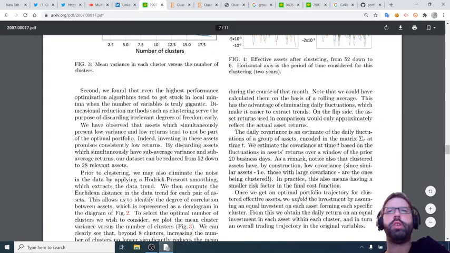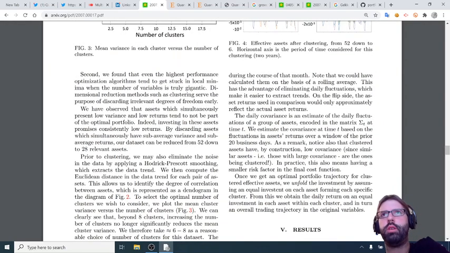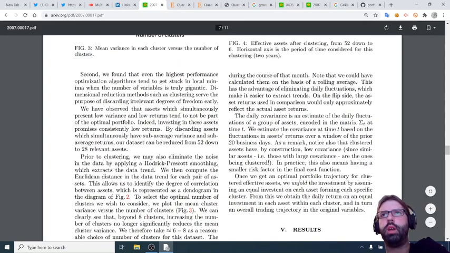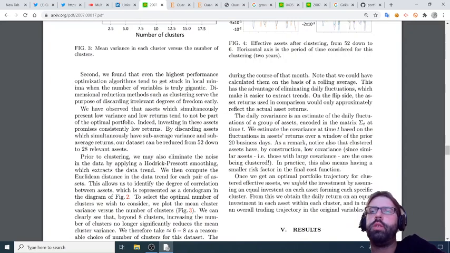Okay, so there's some actually decent preprocessing in here, like smoothing the data curve. There's some actual decent stuff done. Taking a running average has the advantage of eliminating daily fluctuations, since daily covariance is an estimate of daily fluctuations of a group of assets encoded in the matrix.